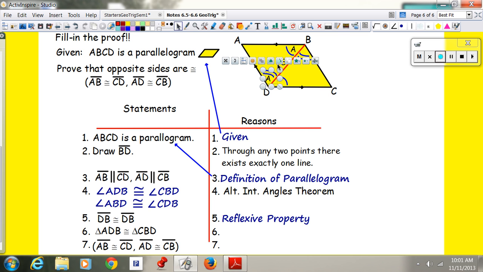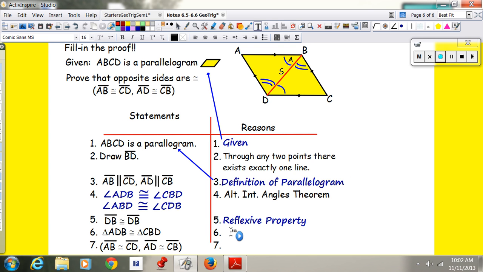And we have ASA postulate is what proves that these two triangles are congruent. So that would be my ASA. I'll just have to type it in down here. That would be ASA right here.